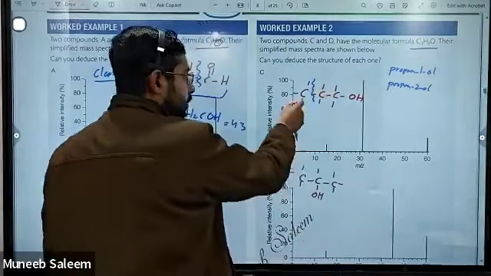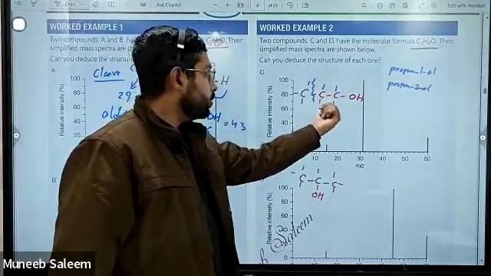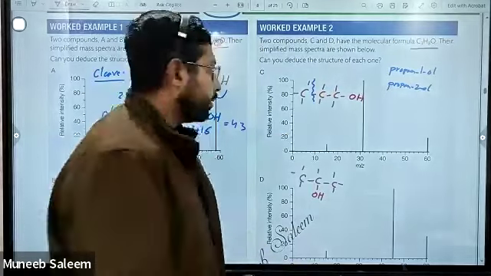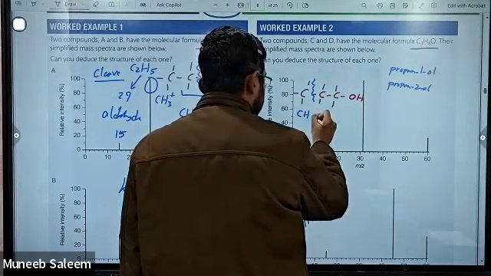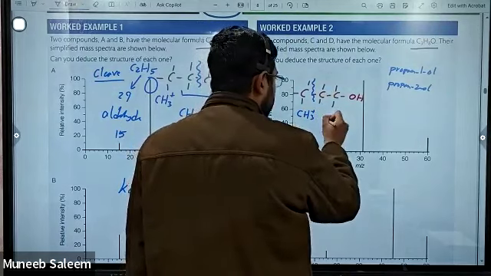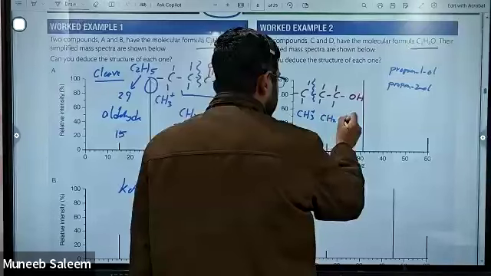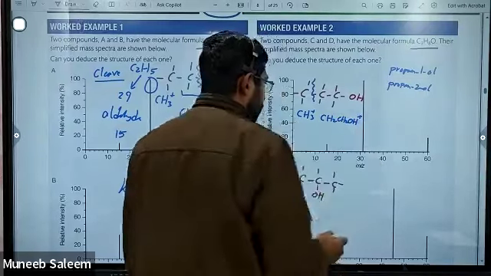Now it will give me a methyl group on one side and CH3CH2CH2OH on the right side. So I got two fragments from here: the CH3 fragment, the methyl cation, and then the CH3CH2CH2OH cation.